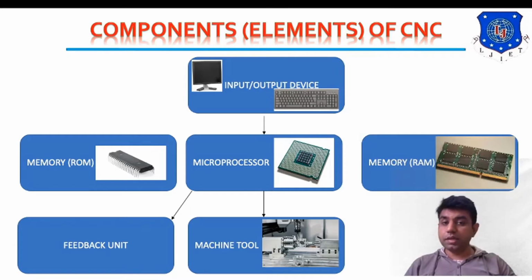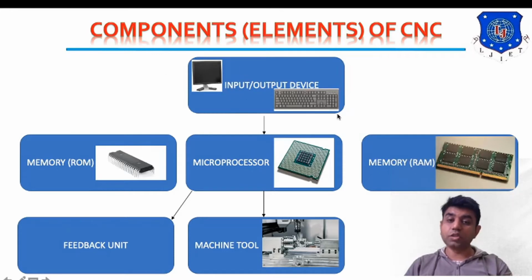The data to the drive is given by the particular program, right? But the drives operate as per the instructions written in the program, and the feedback unit reports on them. We have certain measuring devices which record the measurement and give it back to the microprocessor, and it can be visible on our computer screen, right?